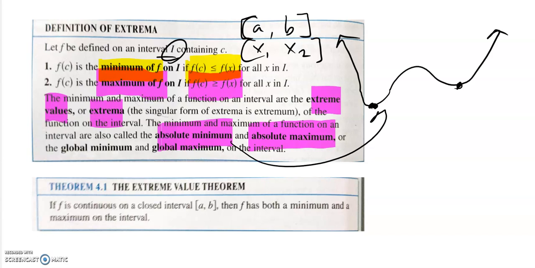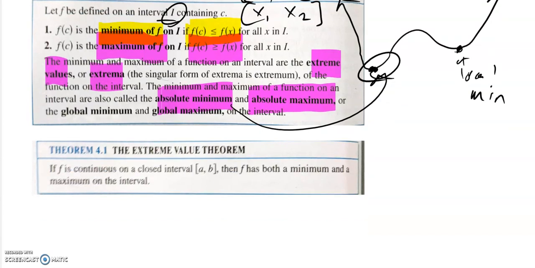And this would be a local min, because in the area around that point, it is the lowest point. But if you look at the global portion of the graph, which is all of it, then this point right here is the global or absolute minimum.